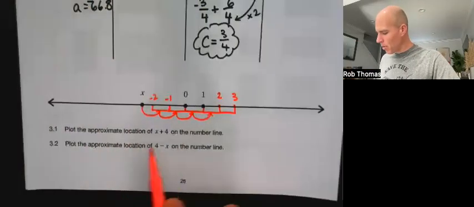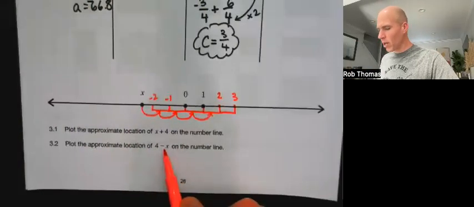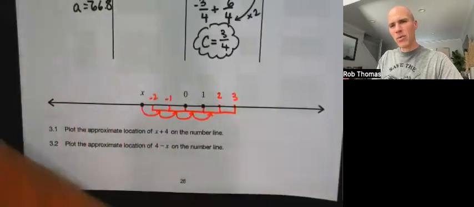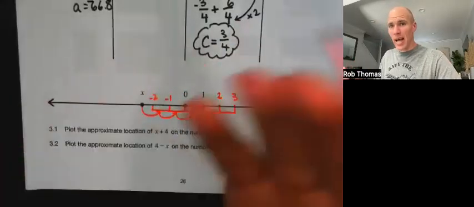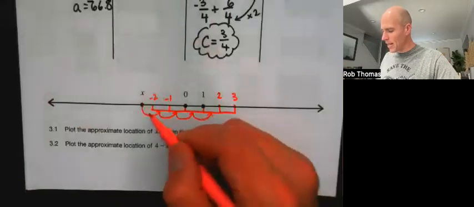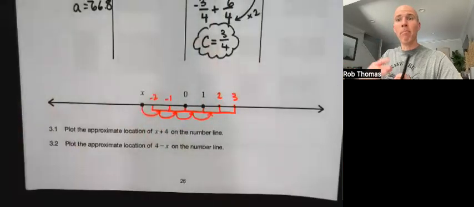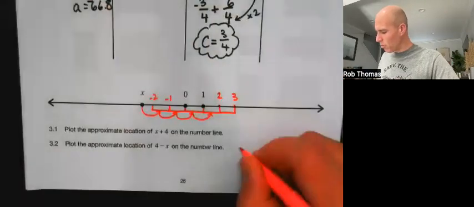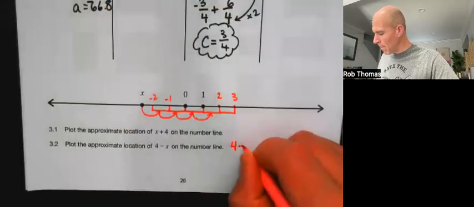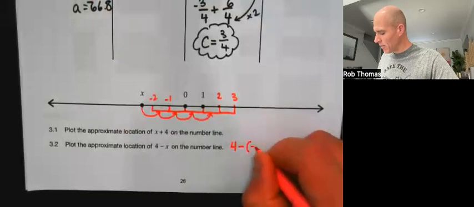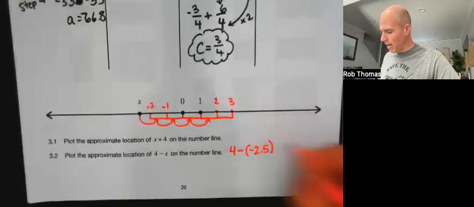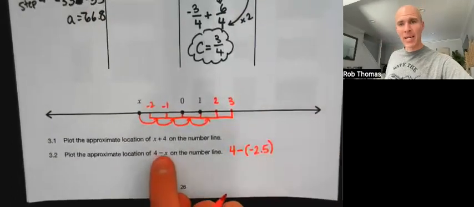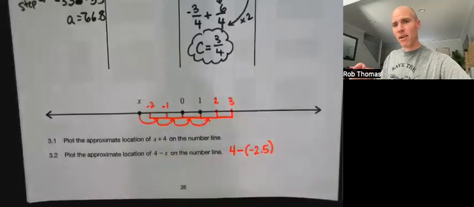Now, plot the approximate location of 4 minus X. So again, we're kind of approximating everything involved here, but I think that X is about -2.5. So they want us to approximate 4 minus negative 2.5, because this is 4 minus X, and X itself is negative.